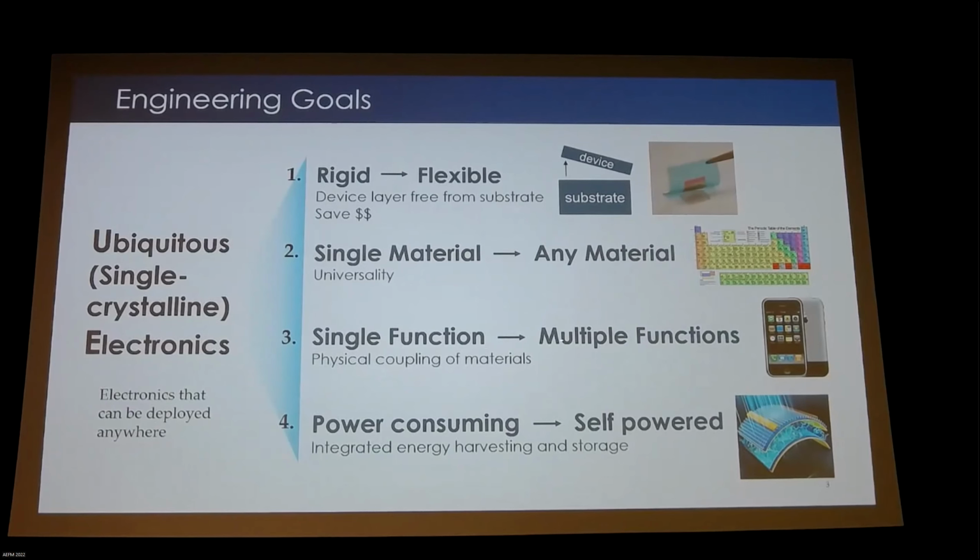We want to create a material that has multiple functionalities instead of just a single function. It's kind of like the iPhone. Just 10 years ago, you were carrying your cell phone, your PDA, your MP3 player, but the iPhone integrated all that into one device. So we are trying to create the iPhone of electronic devices through remote epitaxy.